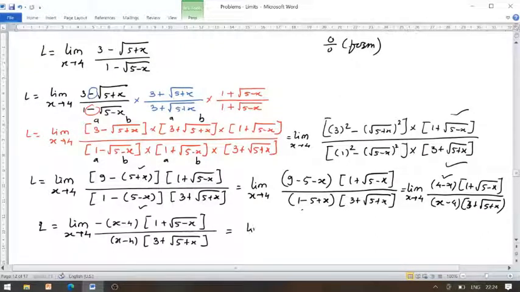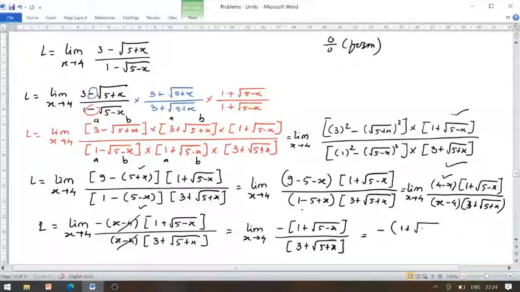Now limit as x tends to 4 of, here x minus 4 from numerator and denominator getting cancelled, we remain with minus of 1 plus root of 5 minus x divided by 3 plus root of 5 plus x. Now apply the direct method of limit, that means replace x by 4. We get minus of 1 plus root of 5 minus 4 divided by 3 plus root of 5 plus 4.